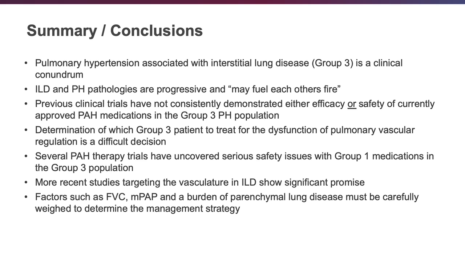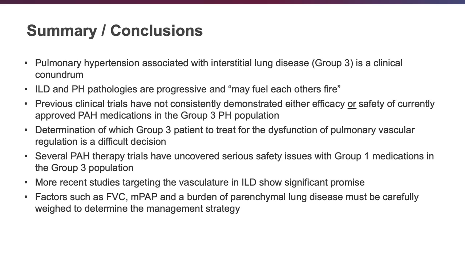So in summary, pulmonary hypertension associated with interstitial lung disease is a clinical conundrum. ILD and PH pathologies are progressive and may fuel each other's fire. Previous clinical trials have not consistently demonstrated either efficacy or safety of currently available PAH medications in group 3 pulmonary hypertension.